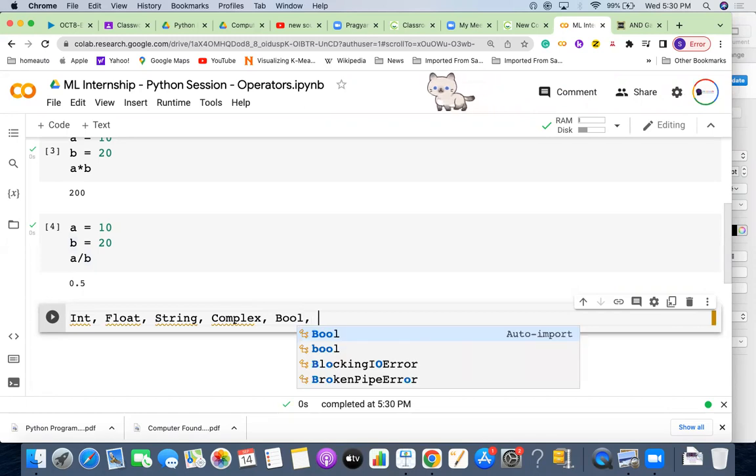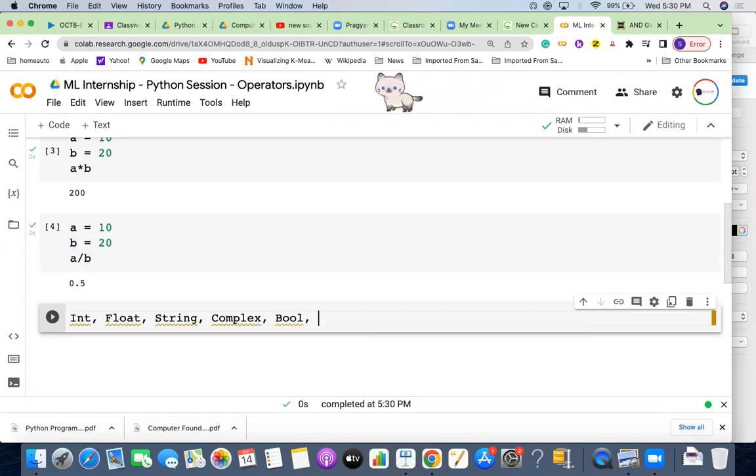We discussed this, correct? There is bool, and there is the None type, which is a special type. And there are many other classes, collection data types like list, set, and tuple. We'll discuss that. We have not yet discussed tuple and dictionary.